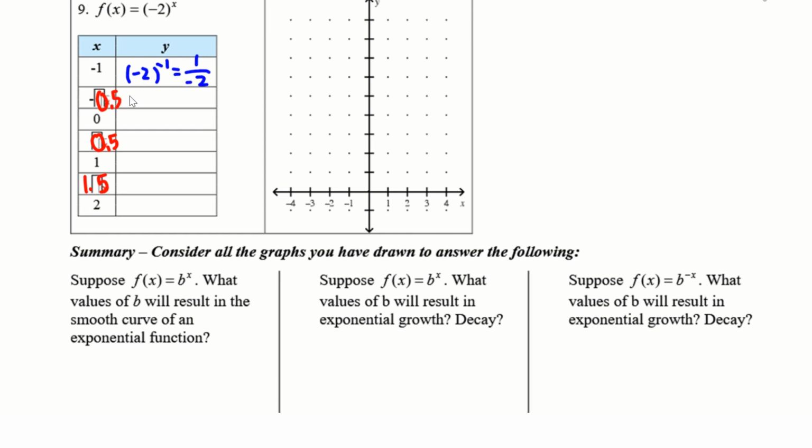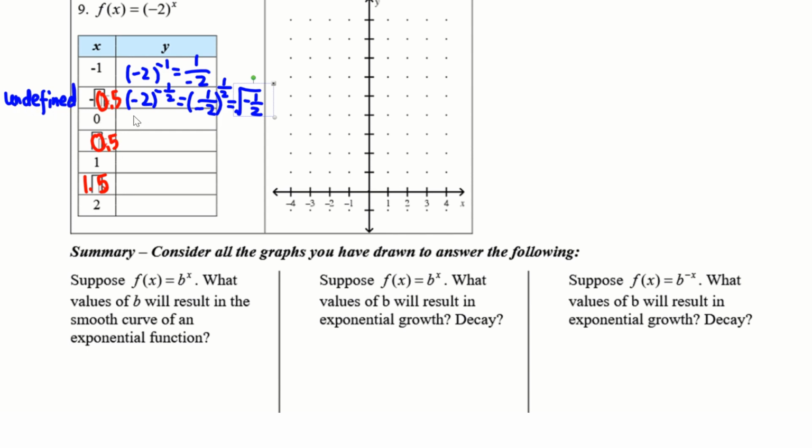And negative 2 to the exponent negative 0.5, where 0.5 is 1 over 2, so we flip it, is 1 over the square root of negative 2. Use your calculator, you will find out this is undefined. So the number doesn't exist in the real numbers.